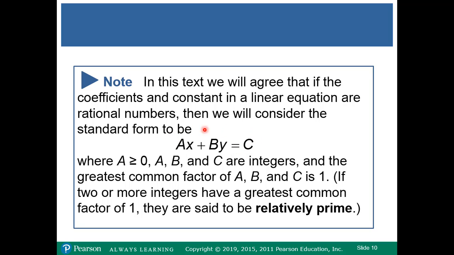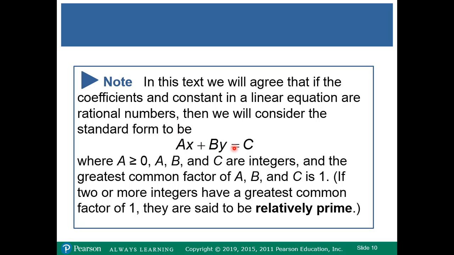So we're going to agree that if a, b, and c are rational numbers, this is going to be the standard form for a linear function, where a is greater than or equal to 0, a, b, and c are integers, and the greatest common factor of a, b, and c is 1. Okay, so that's what we're going to assume is standard form.